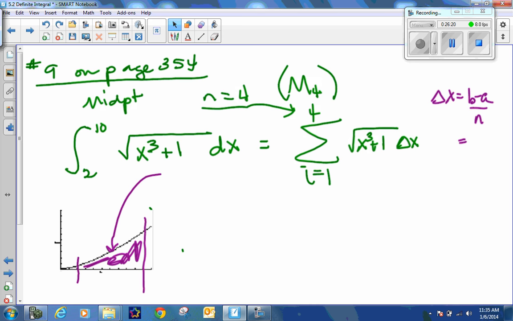Remember this is a, this is b, and there's n. So 10 minus 2 over 4 is 8 over 4, which is 2. So every 2, we're doing midpoints.